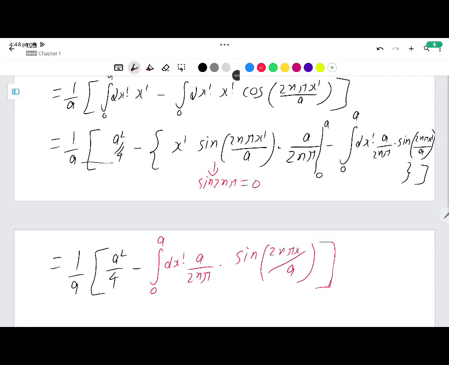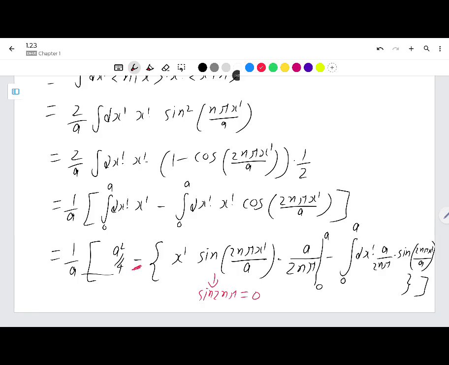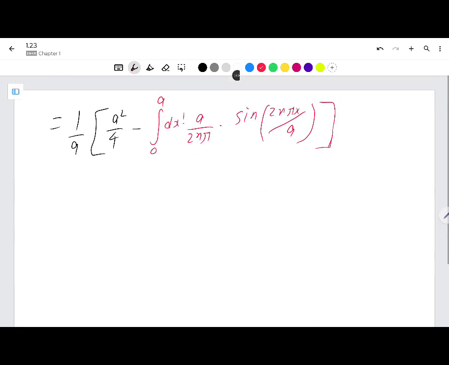And this negative here becomes positive.